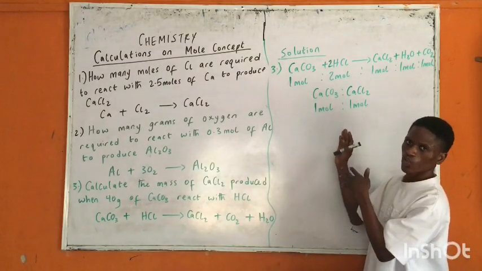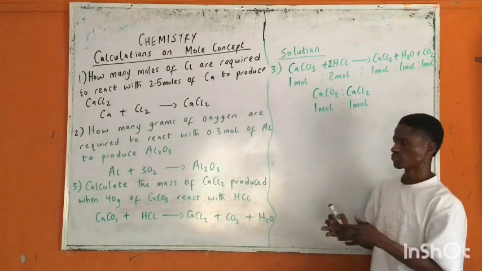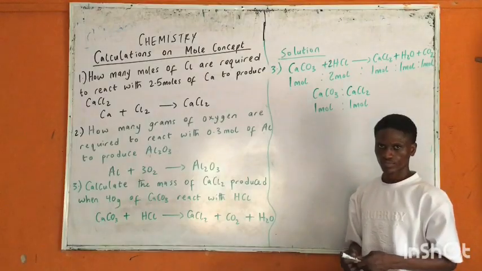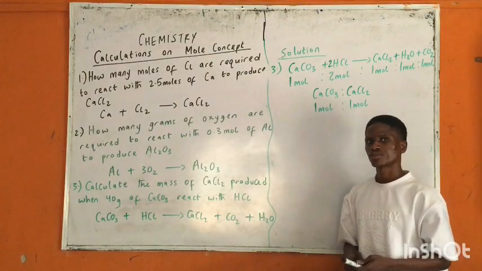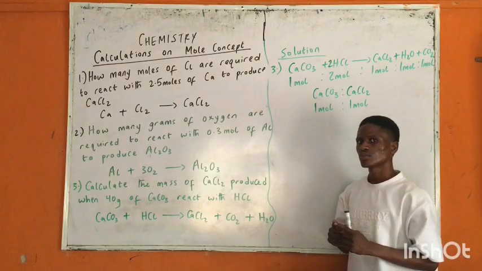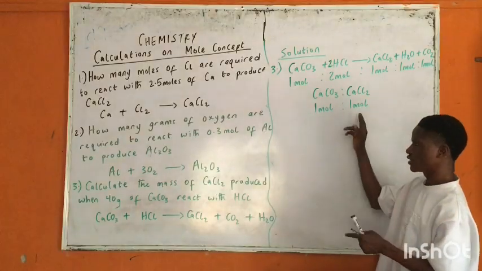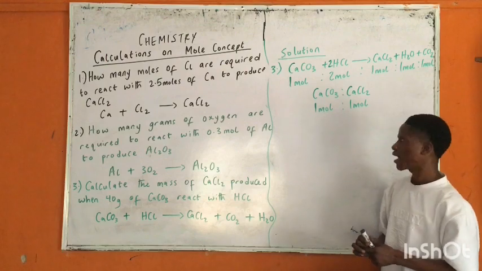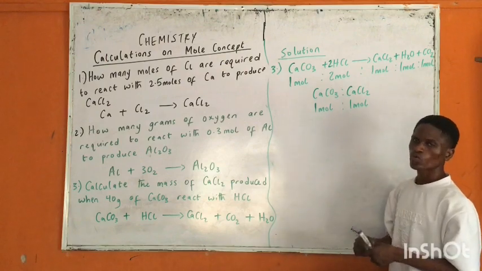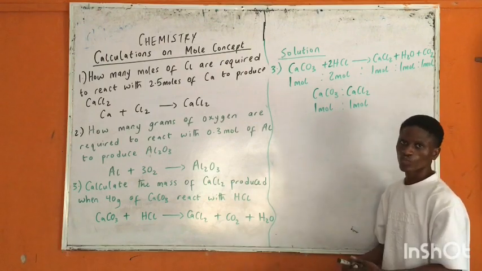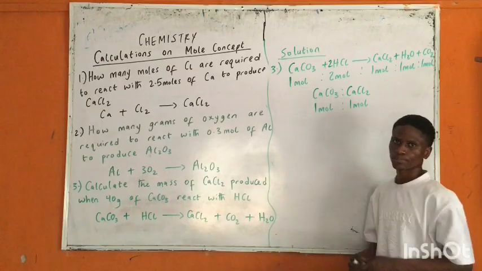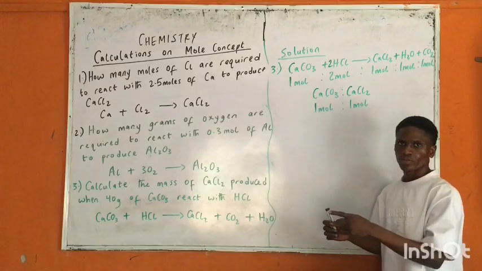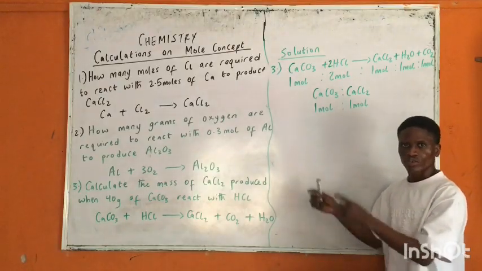I will convert it to mass. Let's check. Calculate the mass of calcium chloride. So you are converting mole here to what? To mass, which is measured in gram. So 1 mole of calcium chloride weighs what?